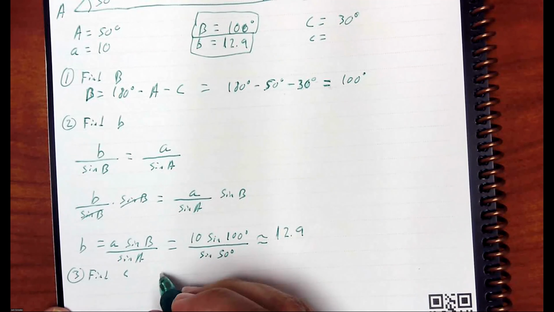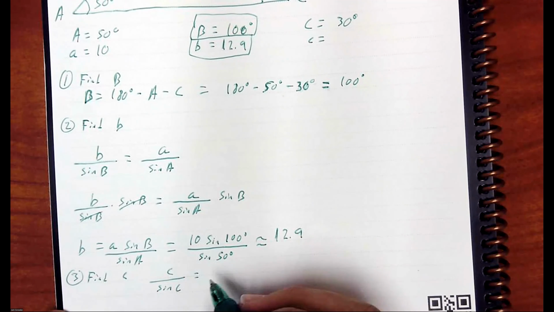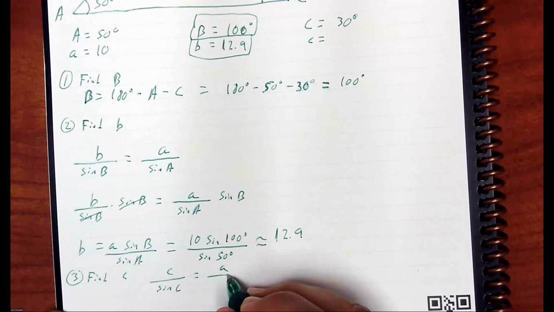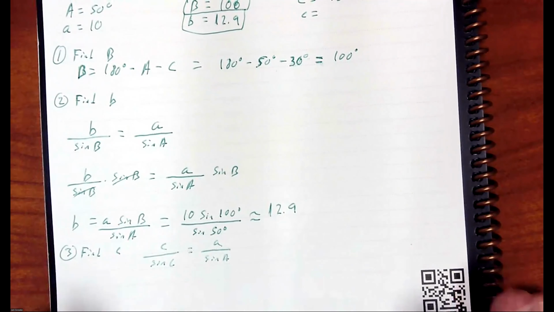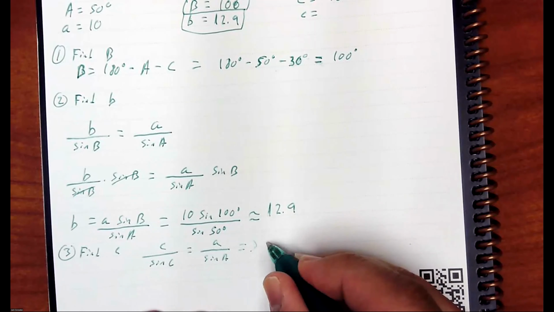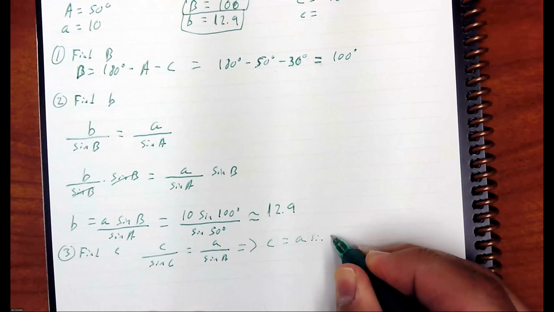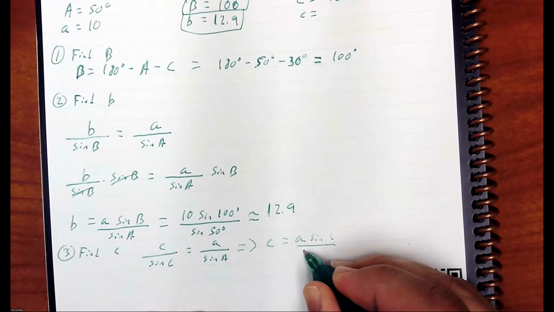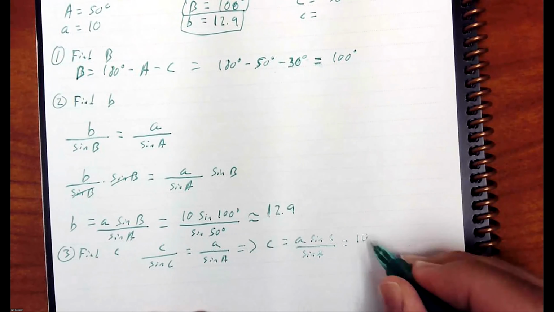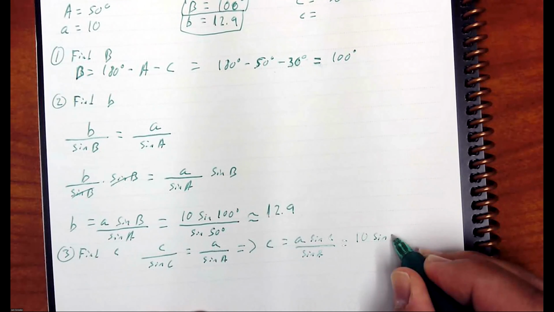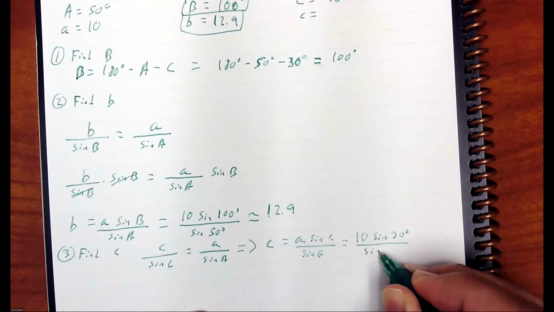Set c over sine C equal to the same thing, a over sine A. Solve for c in the same way, and you'll end up with c equal to a sine C over sine A, which is 10 sine 30 over sine 50.